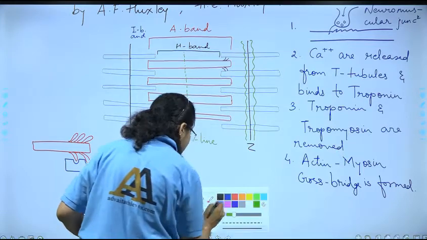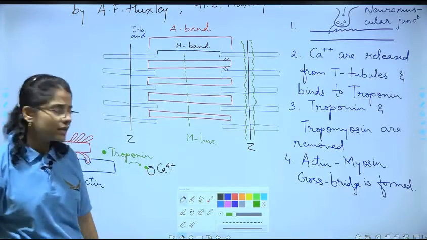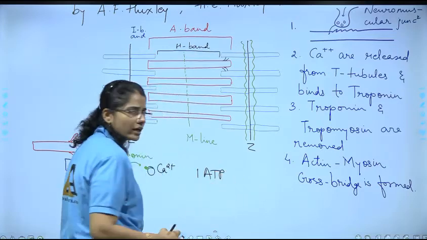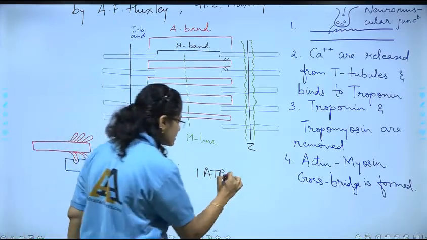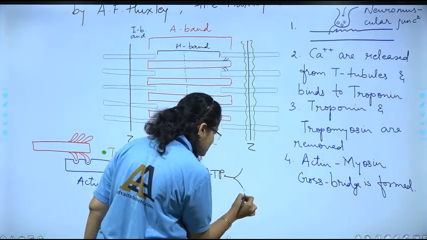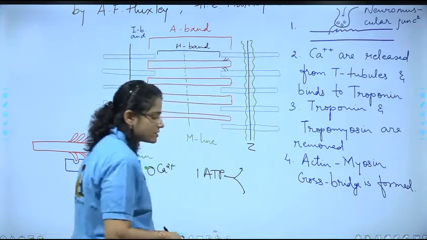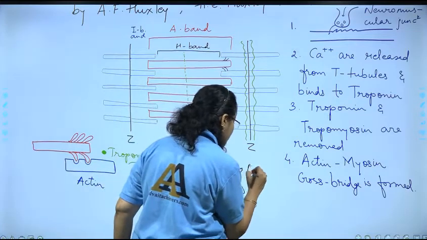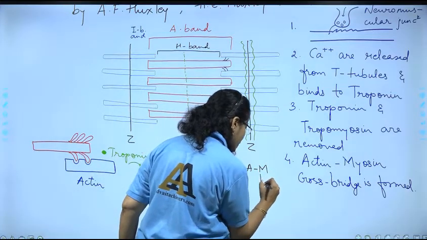So as I said, the ATP gets hydrolyzed. So say one ATP gets hydrolyzed, right? So its energy is utilized in parts. Part of its energy is utilized for actin-myosin bridge formation.